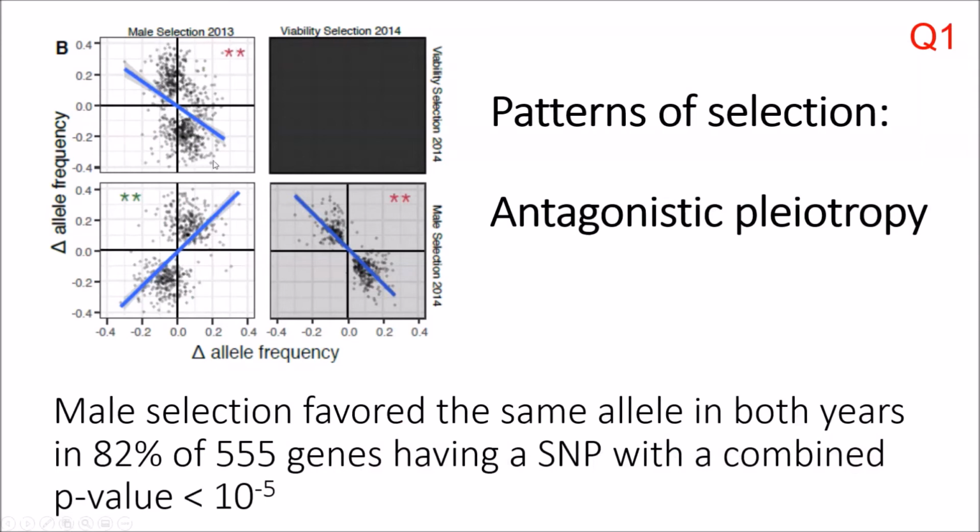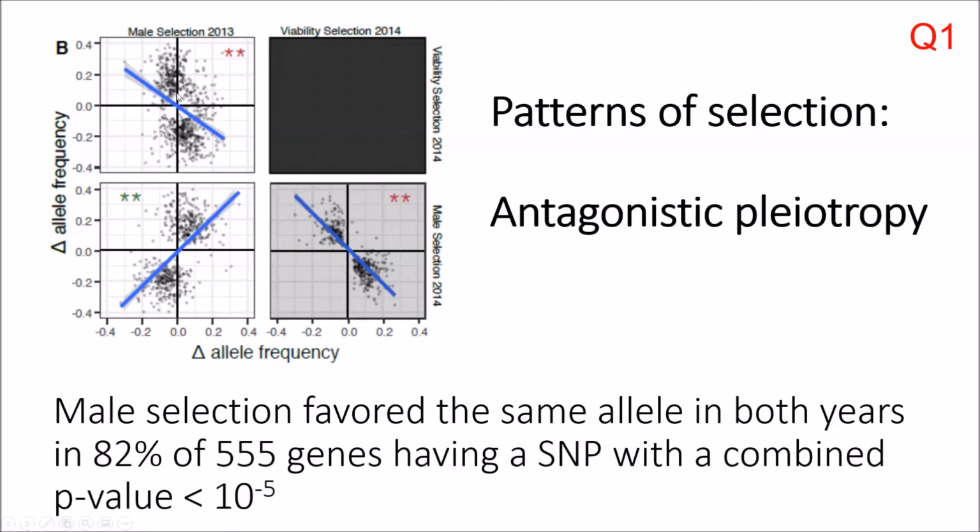So on the x-axis here is the predicted change in allele frequency due to male selection in that year versus viability selection in the following year. And all of these points are SNPs that show the best evidence for a combination of selection, a combination of evidence for selection in both years, although not for any particular direction of selection.